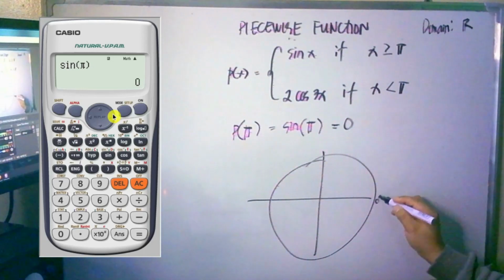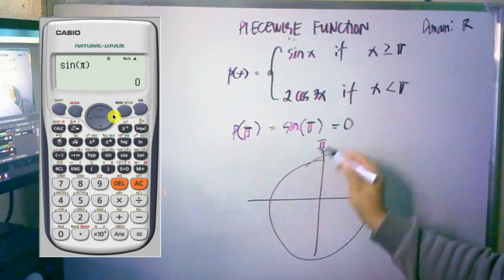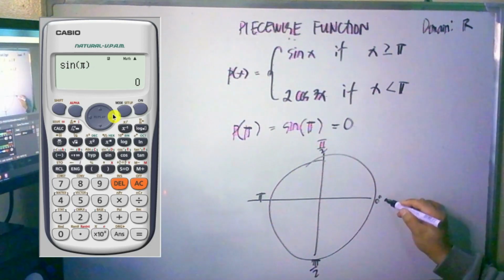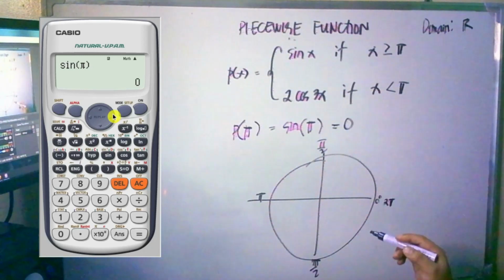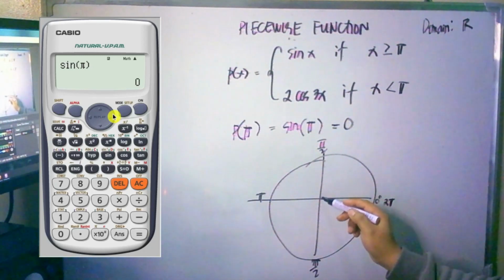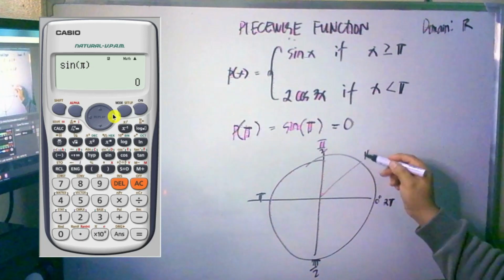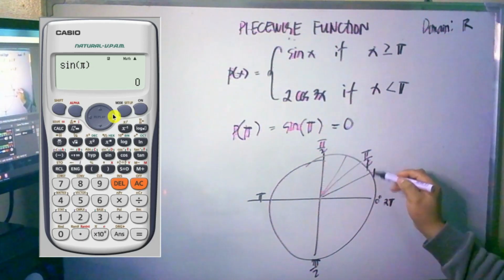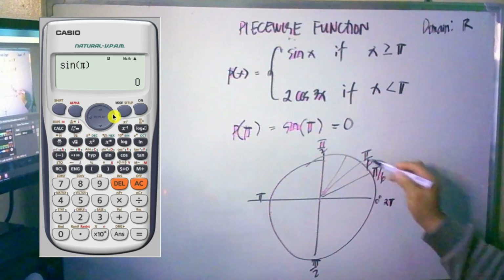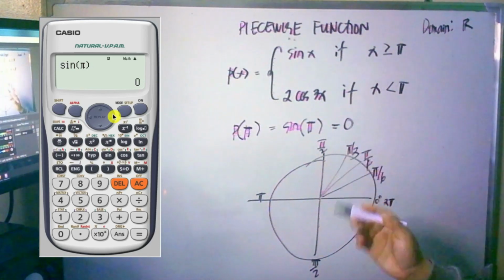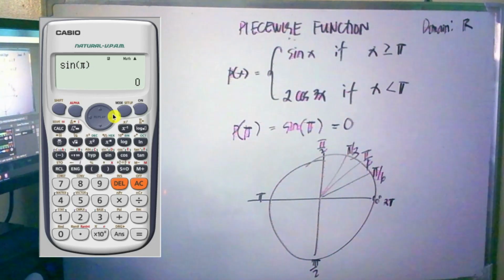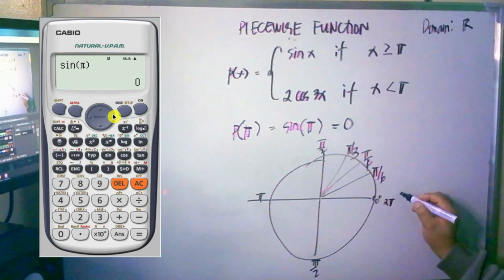This is 0 degrees. This is pi over 2. This is pi. This is 3 pi over 2. Babalik siya sa 2 pi. Siyempre, merong mga in-between angles dyan. Let's have na lang the special ones. Pi over 4. And then we have pi over 6, pi over 3, and so on, so forth. Since these are points in the Cartesian plane, there are corresponding ordered pair na naka-associate sa kanila.